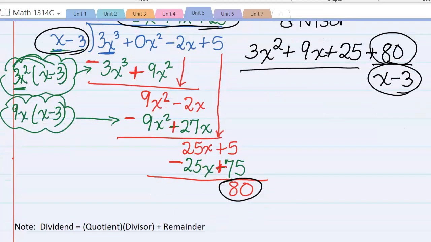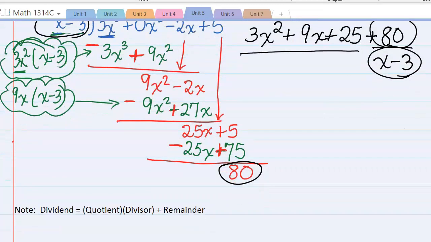The other thing I wanted to note is that we can write our answer as the dividend, that's the guy inside of our house of division, equals the quotient times the divisor plus the remainder.